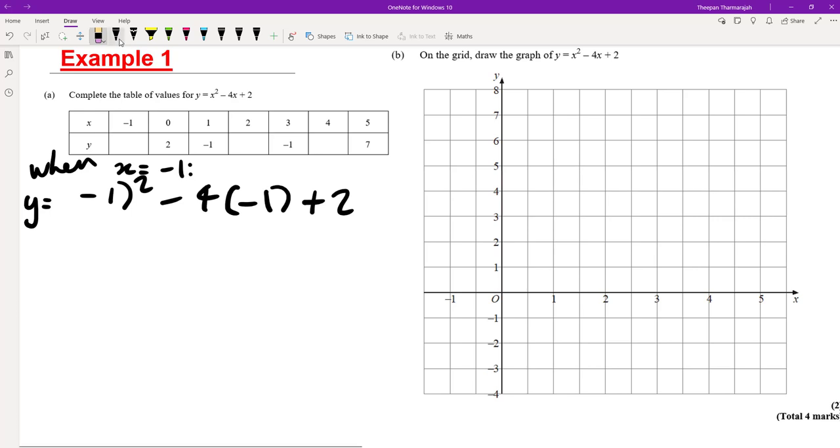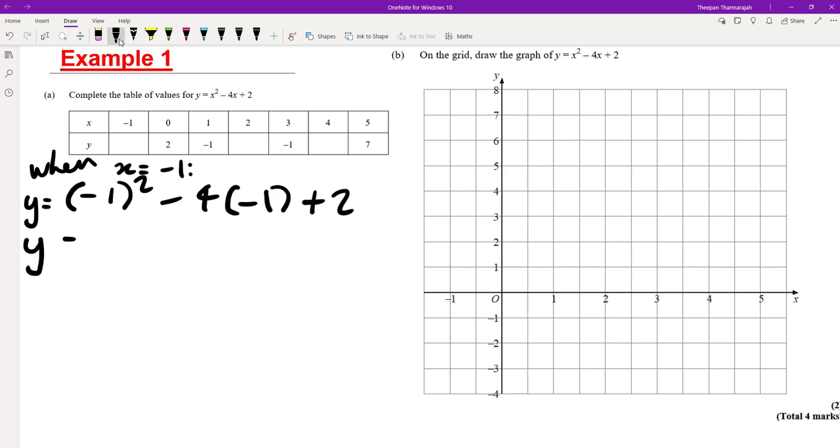If you didn't use brackets, and for example, if you used a calculator and done minus 1 squared, it would still give you minus 1, which is incorrect. The brackets means you do minus 1 times minus 1, and you know that a minus times a minus is a positive. So minus 1 all squared must be positive 1.